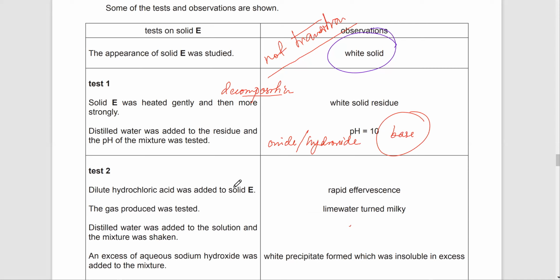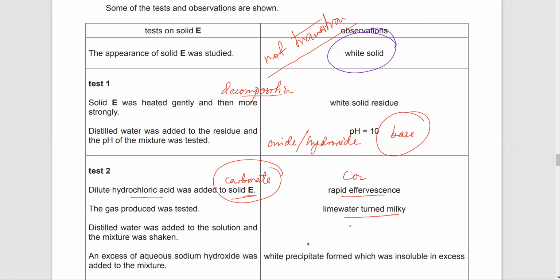Anyways, hydrochloric acid was added to E. When do acids produce a gas? With a base and with carbonates. With a carbonate, they produce carbon dioxide gas.